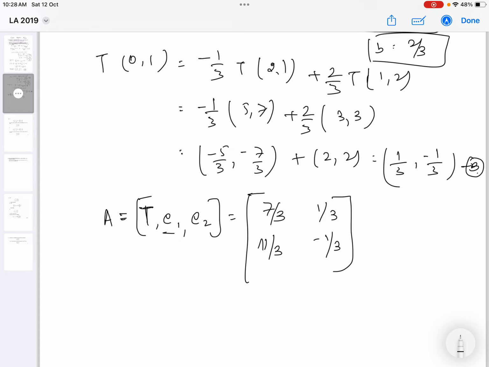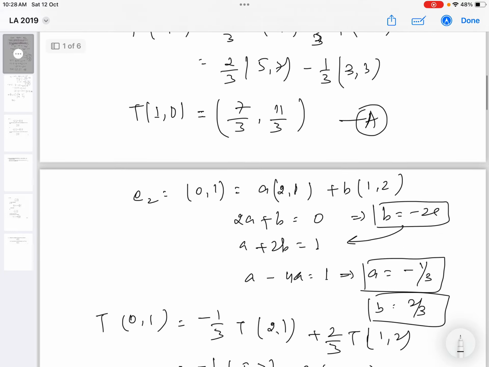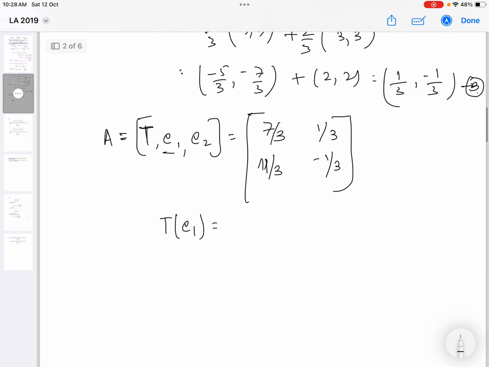How did I write this? The transformation with respect to E1 is 7 by 3, 11 by 3, which can be written as 7/3 E1 plus 11/3 E2.